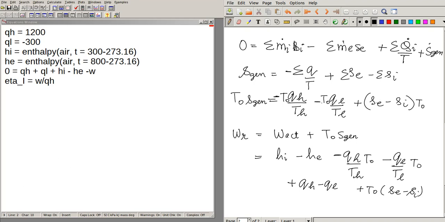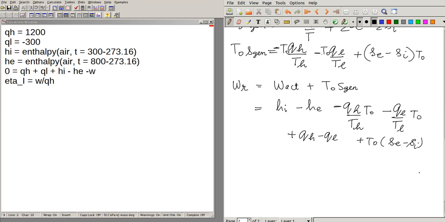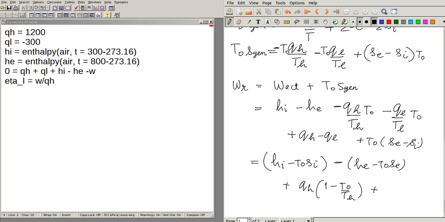And this gives us the classical formula that we have, which will be nothing but Hi minus T0 Si minus of He minus T0 Se plus QH 1 minus T0 by TH plus QL 1 minus T0 by TL and so on, where all the temperatures are obviously in Kelvin.